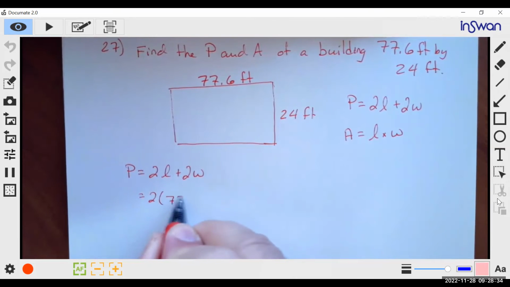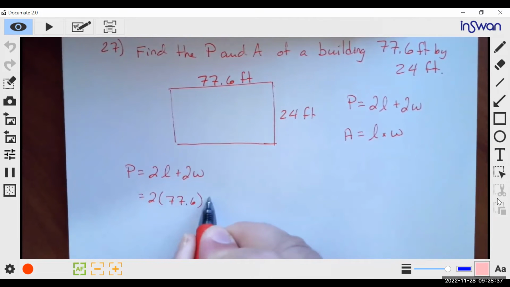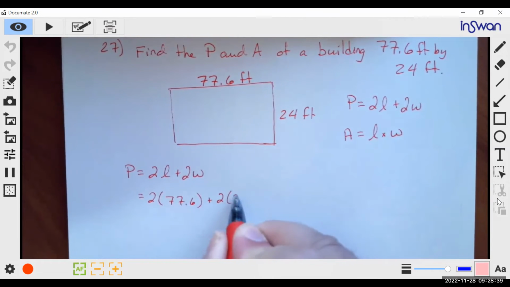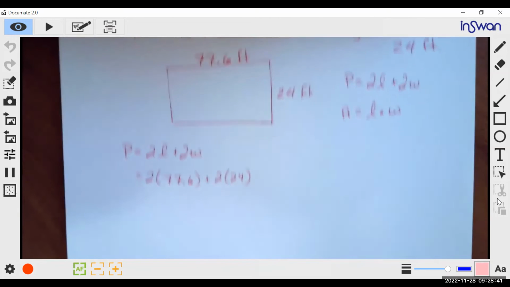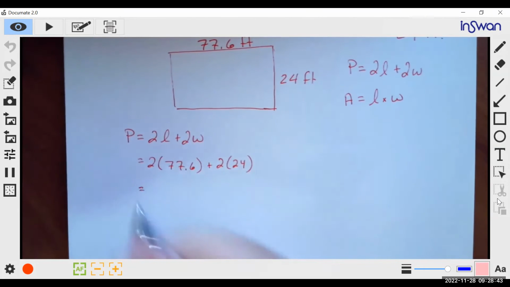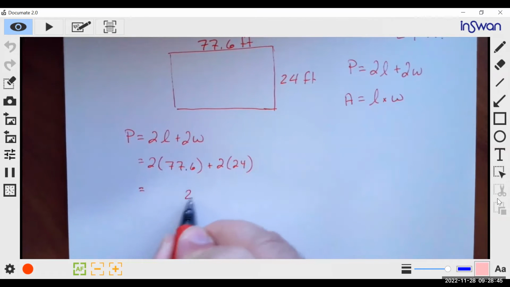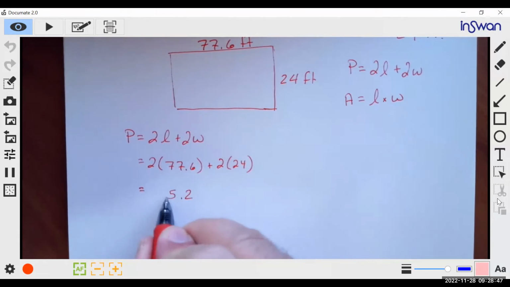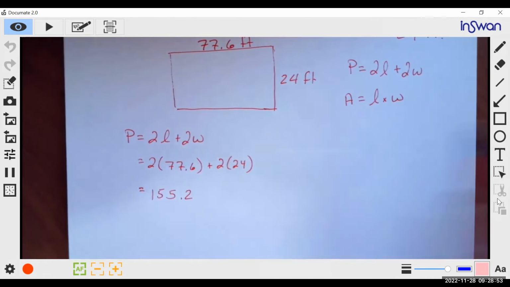Two times 77.6 plus 2 times 24. 2 times 77.6 is 155.2. 2 times 24 is 48.